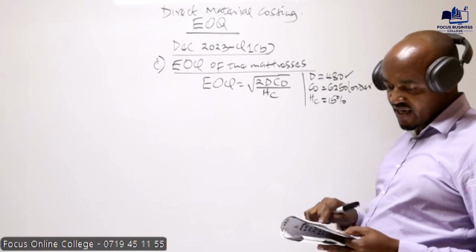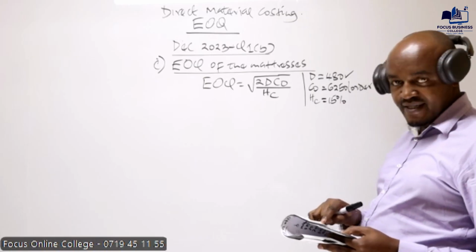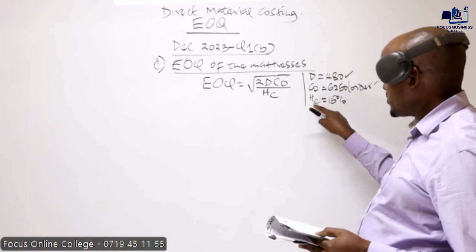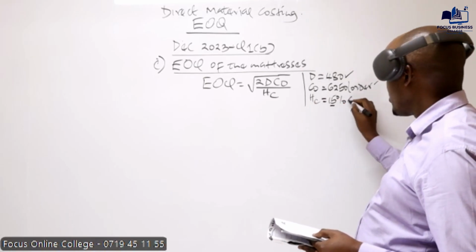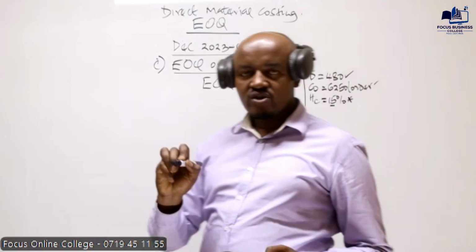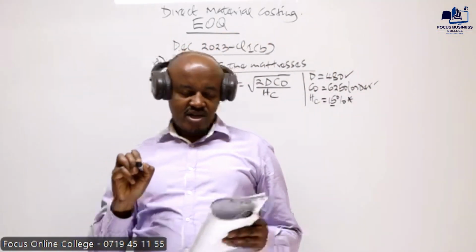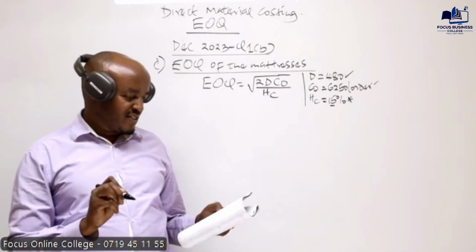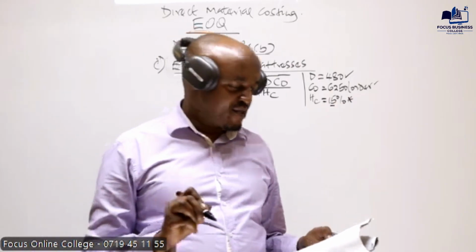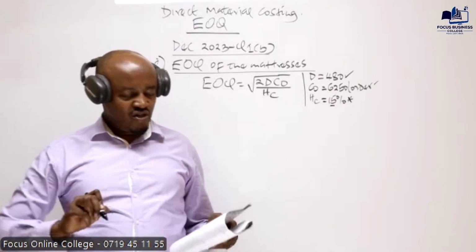This is a percentage of the purchase price. So to compute this one, we take 15% of the purchase price per mattress. What is the purchase price per mattress? Can you see it in the additional information?